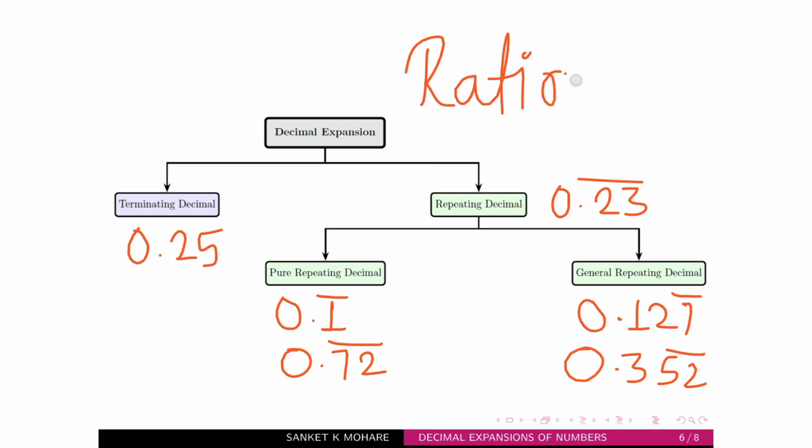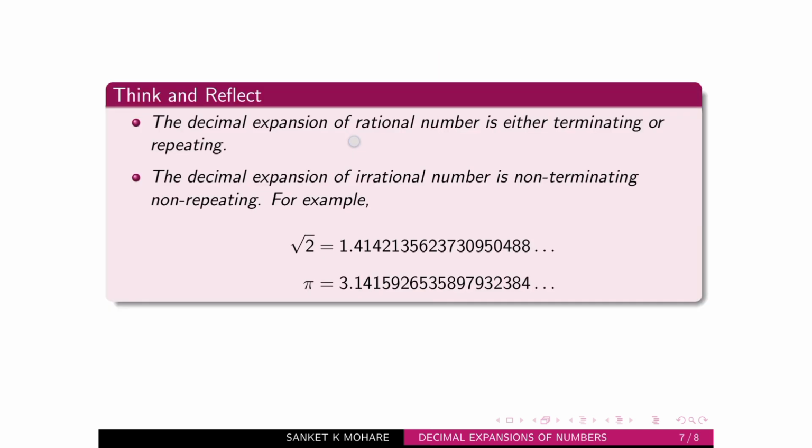Then the question may arise: what about decimal expansion of irrational numbers? So think and reflect. The decimal expansion of a rational number is either terminating or repeating, as we just discussed. The decimal expansion of an irrational number is non-terminating, non-repeating.